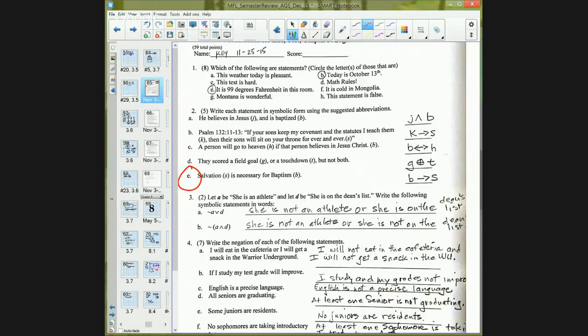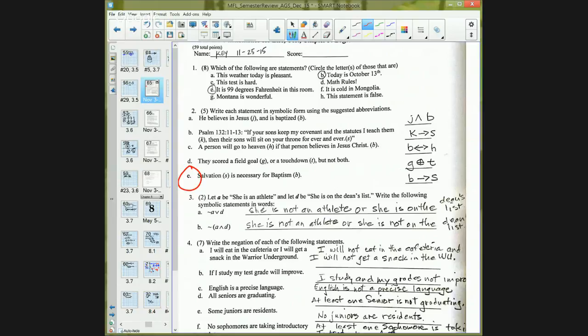Salvation. Right. And what did I say about necessary? That's the thing that has to be on the receiving end. So S has to be on the receiving end of the arrow. That's why the arrow points to S. I hope that makes sense, and that matches up with the question.